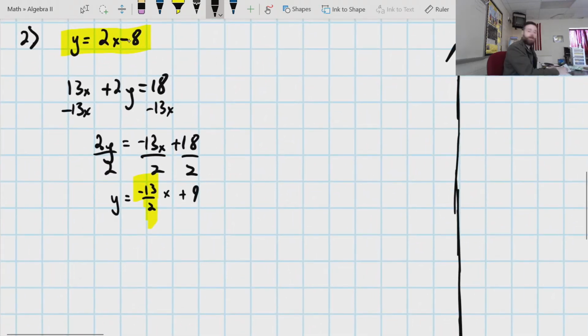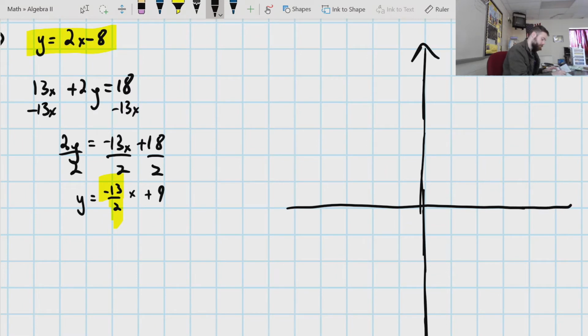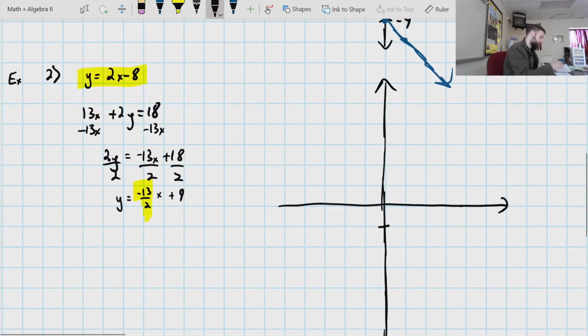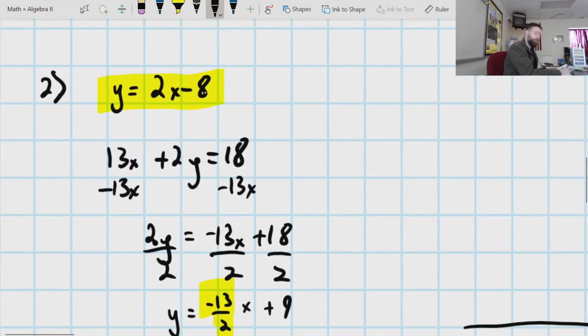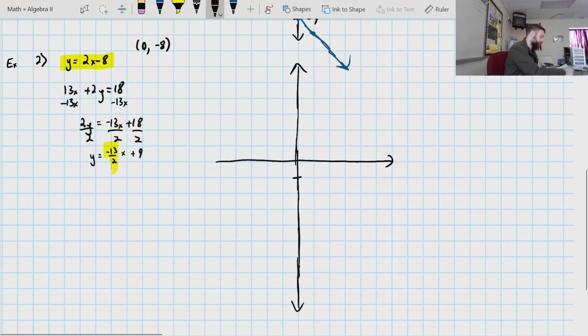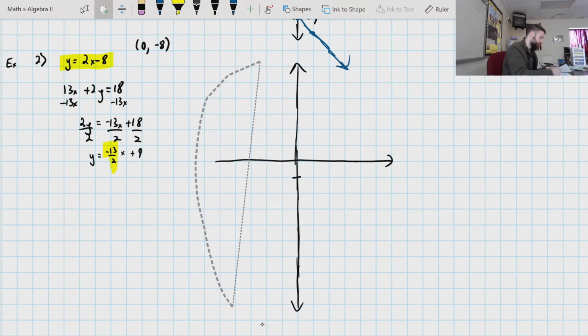For the first one, this b term over here, this -8, is your y-intercept. So 0, -8 is where that function is going to hit the y-axis. I'm actually going to have to move this plane.